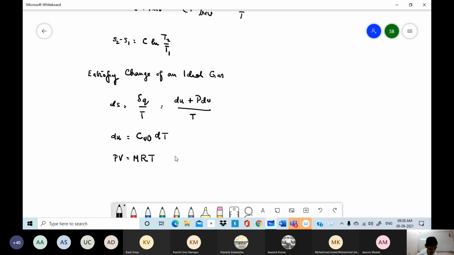Now, if I divide by m, then it would be... but volume by mass is specific volume, volume per unit mass. P by T.